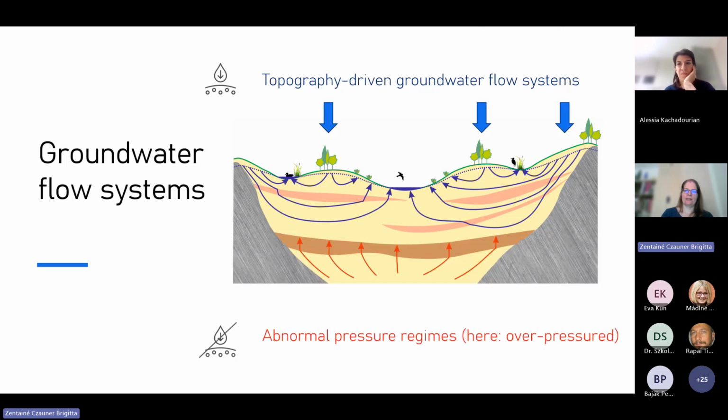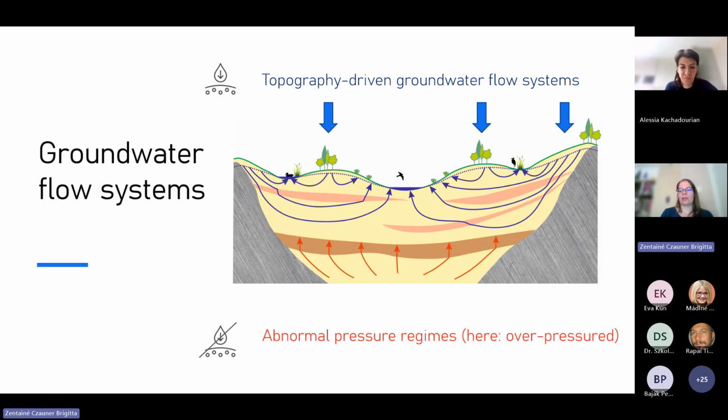On the other hand, I would like to talk about the abnormal pressure regimes. These are very interesting for us because in the Pannonian Basin we have overpressured regimes in our deeper sub-basins.